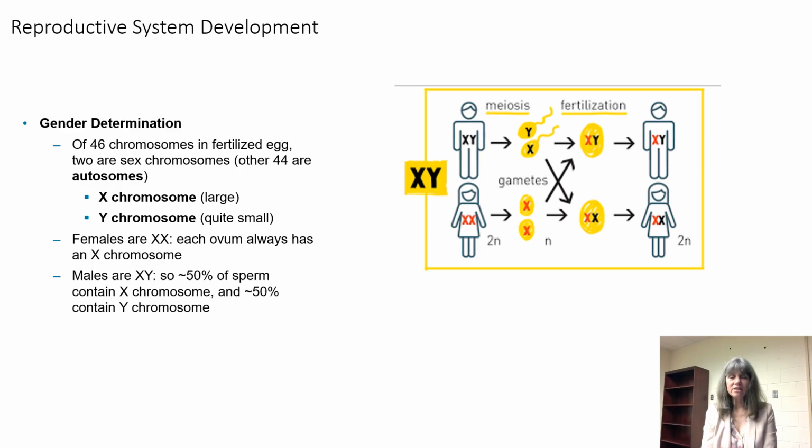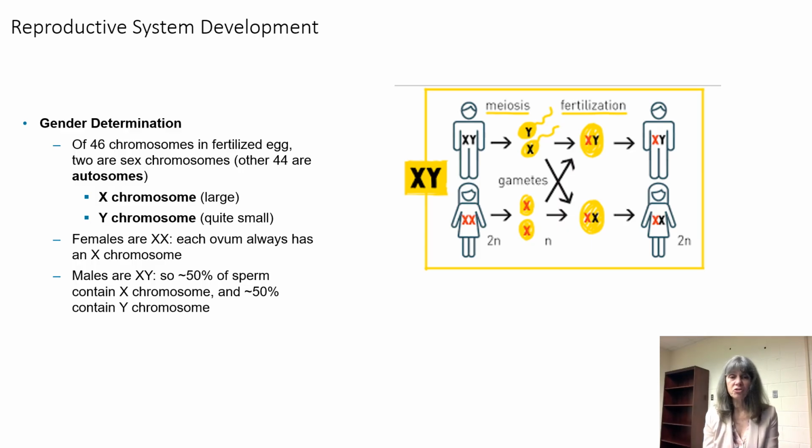When it comes to reproductive system development, remember that when an egg and a sperm get together, each one is carrying 23 chromosomes. So when an egg is fertilized, it now has 46 chromosomes, and 2 of those 46 chromosomes are sex chromosomes. The other 44 are referred to as autosomes. So an X chromosome tends to be large, a Y chromosome is actually quite small, and those are the sex chromosomes.